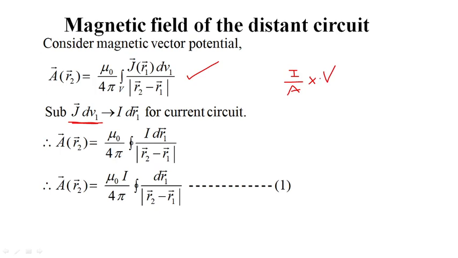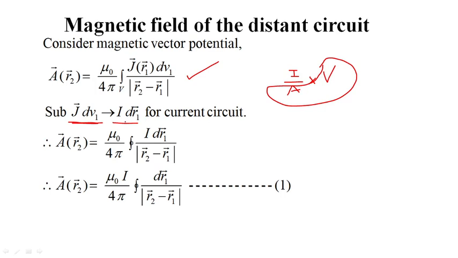Now volume divided by area is length, since volume is three-dimensional and area is two-dimensional. So we write this as current into distance, I times distance, because volume by area is a distance.